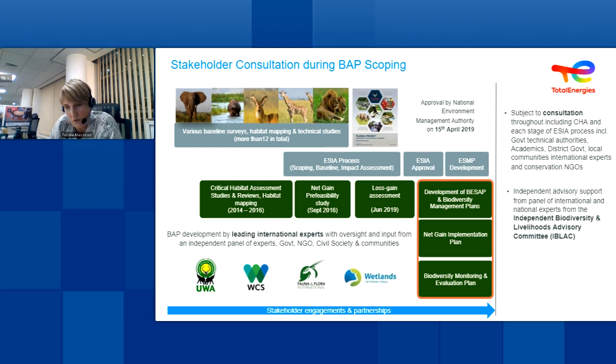We also did a huge consultation with the government of Uganda, moving all the way from national agencies through to district level and local level government as well. As part of that, we also had extensive consultation with civil society as part of the activity.